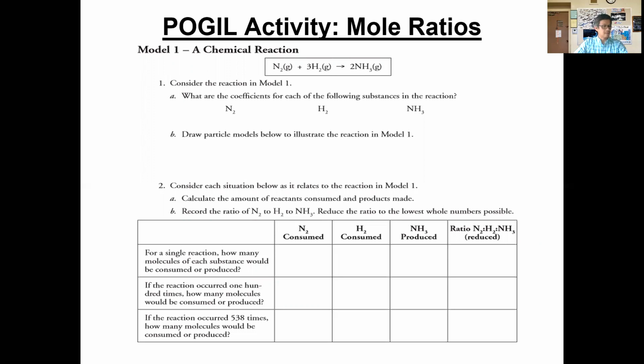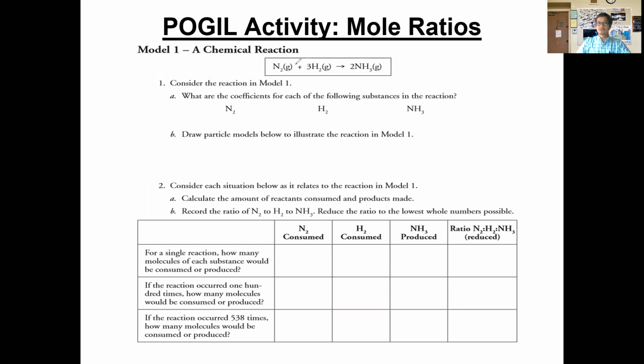And so I want to do a couple of problems here with you. Let's do the first one. Again, if you have your POGO lab in front of you, let's go ahead and do this. We're considering the reaction we've been considering quite a bit, the formation of ammonia from nitrogen and hydrogen. One nitrogen combined with 3 hydrogens to form 2 ammonias.